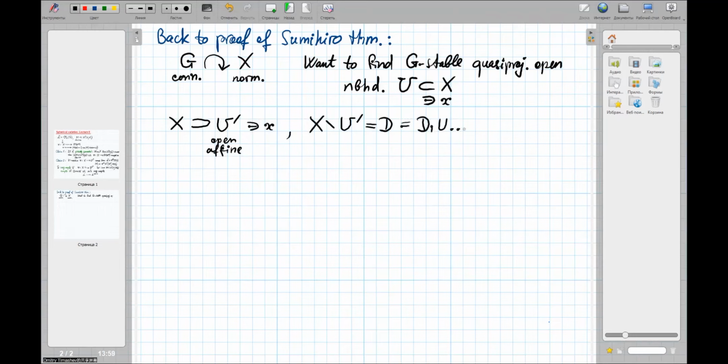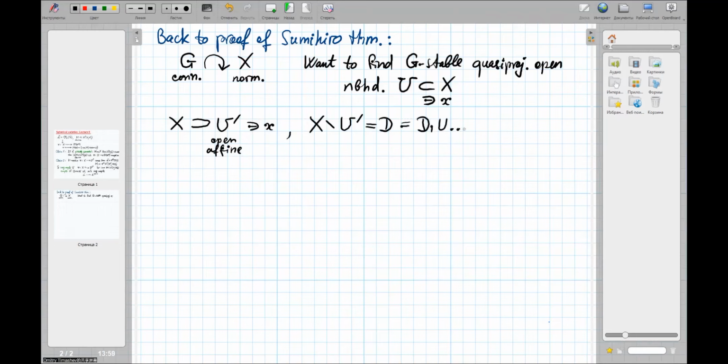We can associate a line bundle to this Cartier divisor, which in our notation is written like this: O sub X reg of Di intersect X reg. So what is written in brackets is a Cartier divisor on the regular locus of X. Also we have a canonical section corresponding to this divisor.